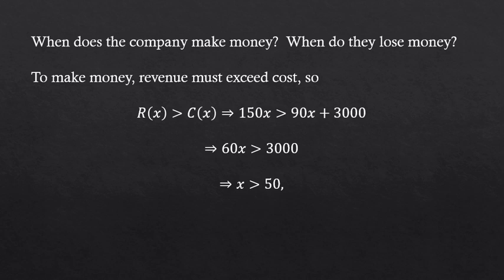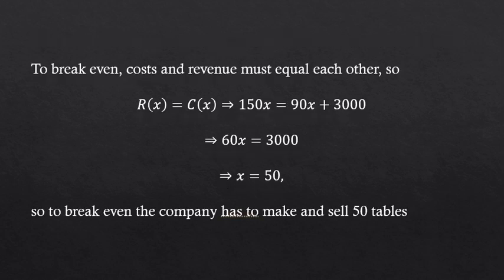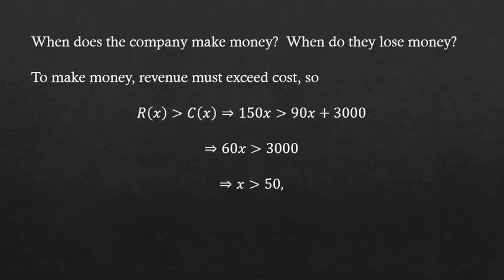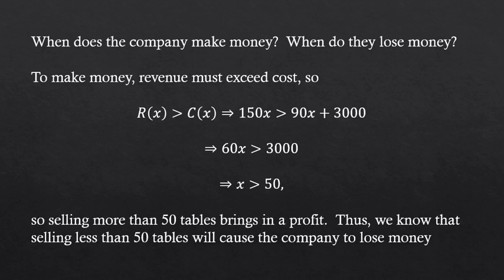You could have just substituted the greater than sign for the equal sign in our previous problem, and you would arrive at the same point. So when x is greater than 50, the company makes money. Therefore, we know that if the company sells less than 50 tables, then they are going to lose money.